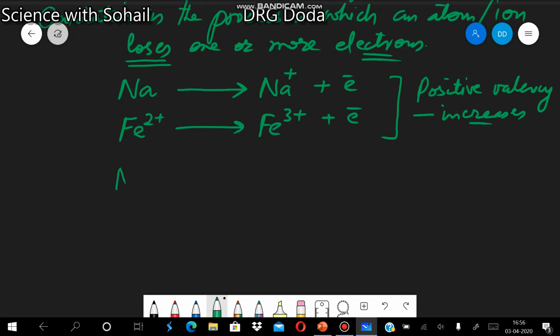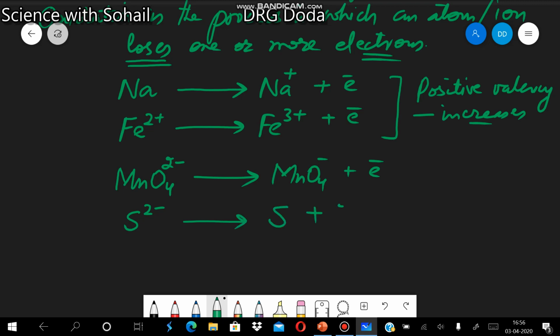Similarly, if we have a negative ion like MnO4 2-, this is called manganate ion. It forms MnO4-, that is permanganate ion, by the loss of one electron. So loss of one electron means oxidation. Sulfide ions S2-, it can form sulfur by the loss of two electrons.